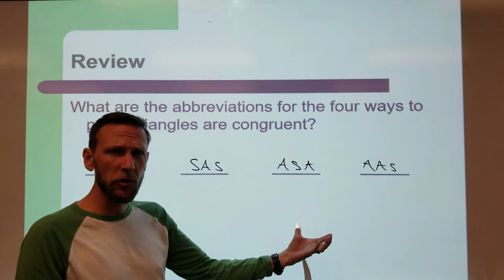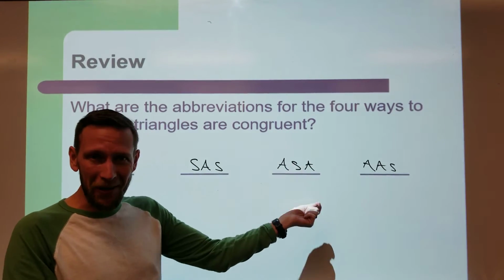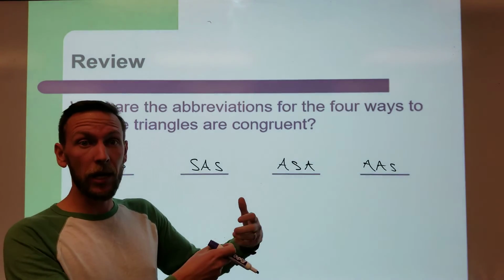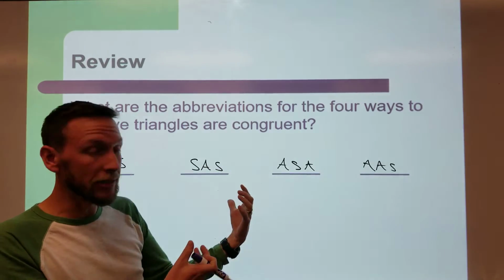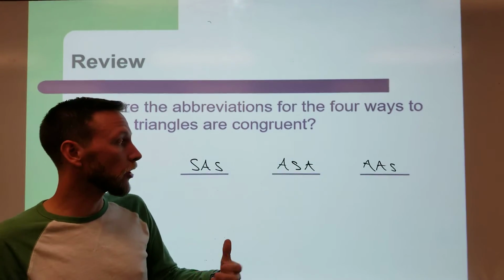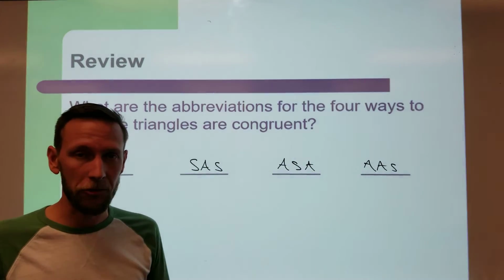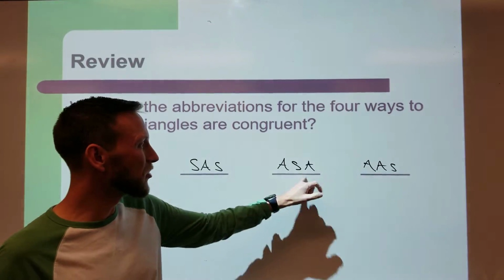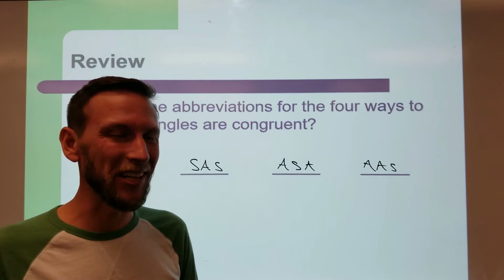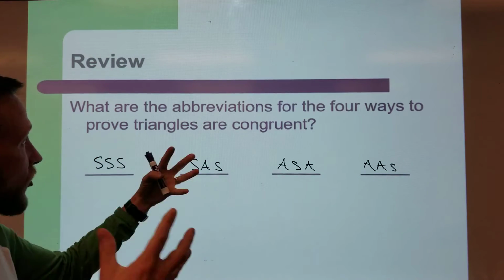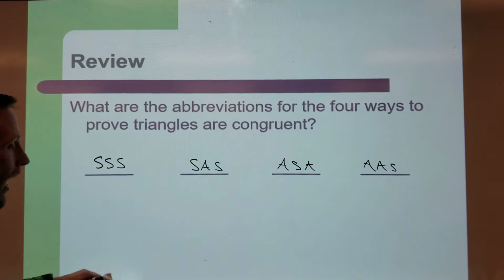If we use 2 pairs of angles and a pair of sides, then that means that we now have an additional 2 pairs of sides that we know are congruent using CPCTC, or using the definition of congruent triangles, and an additional pair of angles. Now, for that additional pair of angles, we could obviously use the third angles theorem, or we could use the definition of congruent triangles at that point. But this was just designed to get you thinking about how these parts and pieces are related to one another.